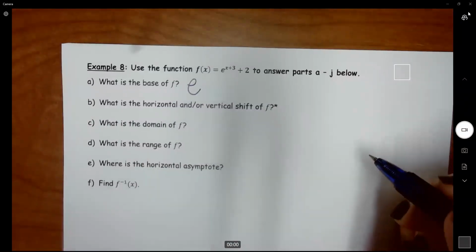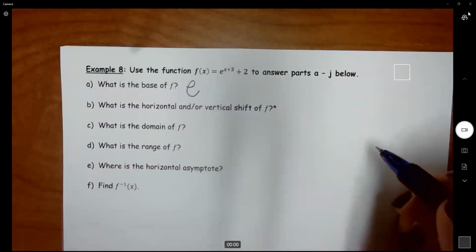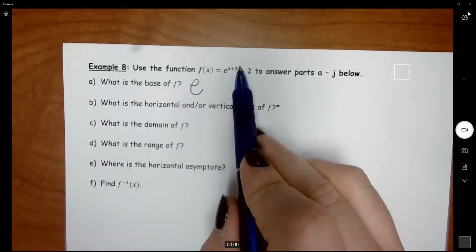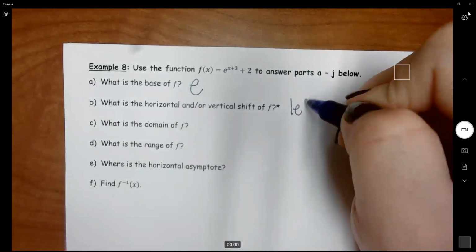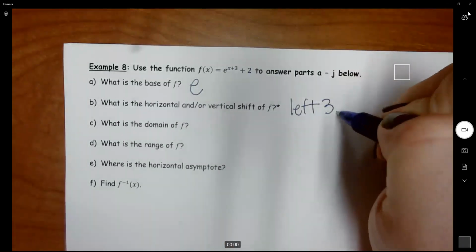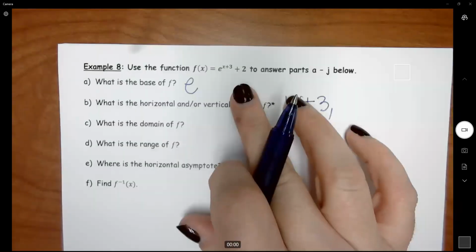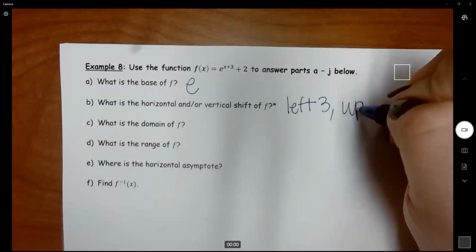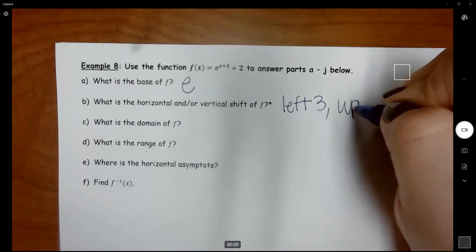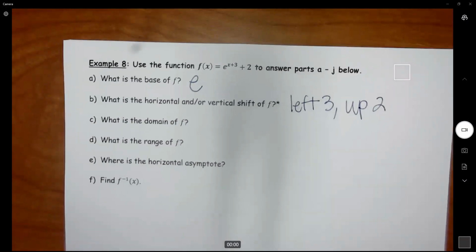What is your horizontal and vertical shift? In the function is your horizontal, so plus 3, we think right, so this is actually going to the left 3. Plus 2 is added to the end of my function, and that behaves as we predict it would, so that means up 2.